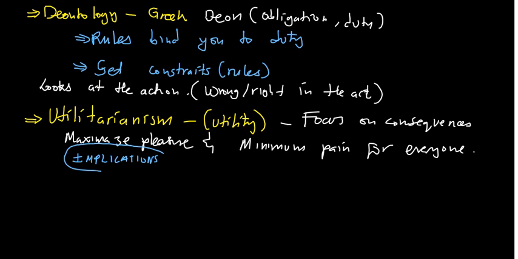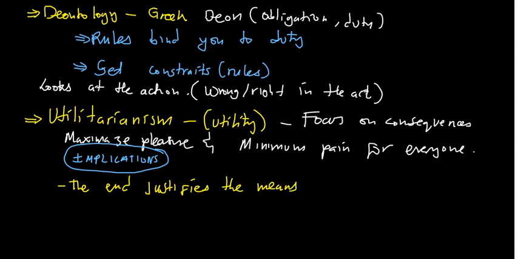One implication of this theory is that the end justifies the means. And this is really not good. So what does this statement mean? The end justifies the means.